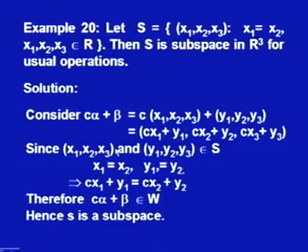Now, since x1, x2, x3 and y1, y2, y3 belong to S, they must satisfy the given constraint, that is x1 is equal to x2 and y1 is equal to y2. Using this condition, we can see that Cx1 plus y1 will also be the same as Cx2 plus y2. That means this constraint will be satisfied by the right hand side of C alpha plus beta, and therefore C alpha plus beta belongs to S, and hence it is a subspace.